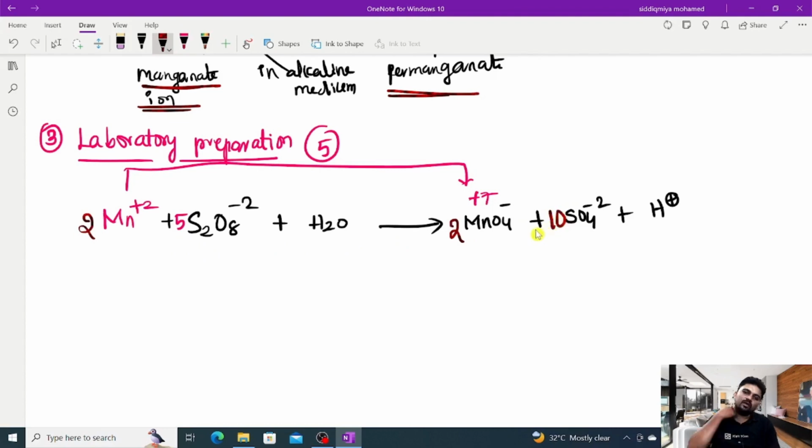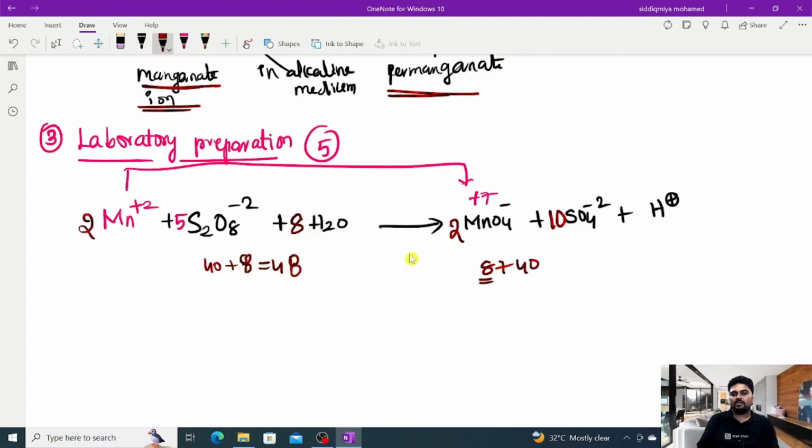Now we will see the oxygens. 5 S2O8 gives 40 oxygens, plus 8 more on this side, so 48 are there. Instead of 1 here, multiply H2O with 8, so 40 plus 8 you get 48.